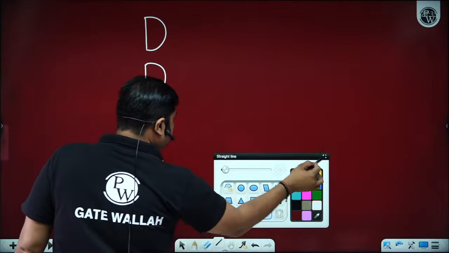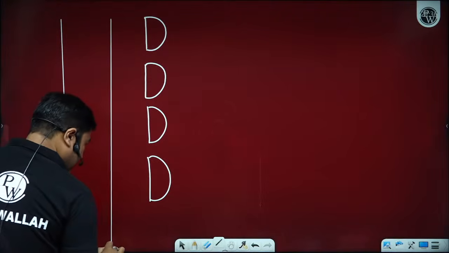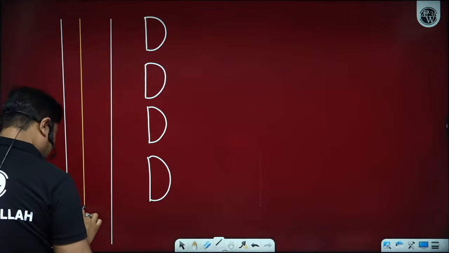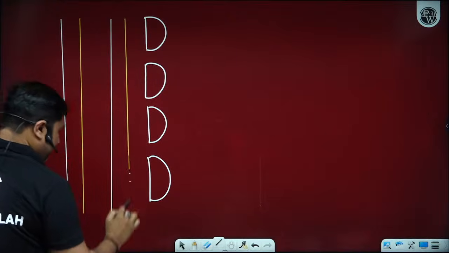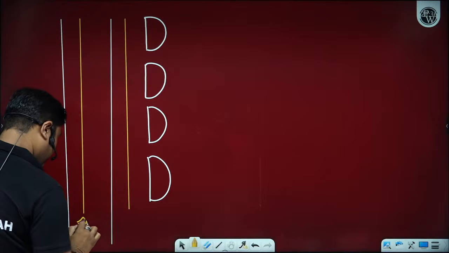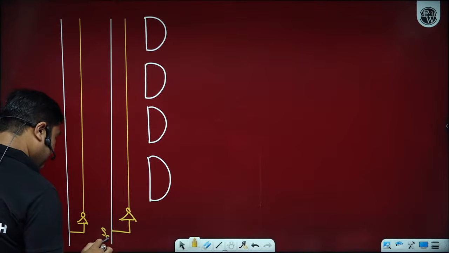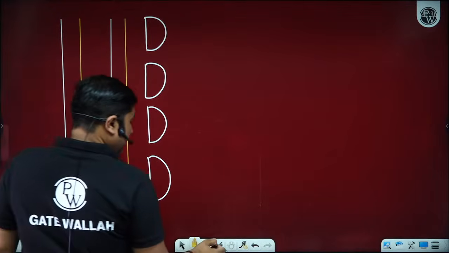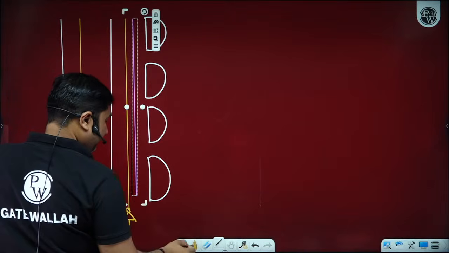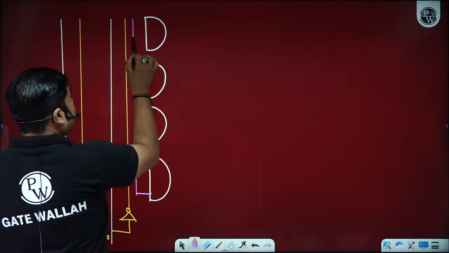Then we need the select inputs S0 and S1, and we also need S0 complement and S1 complement. So please observe. We have S0 and S1 pins, and one more pin, that is I, which is connected to each of the AND gates.